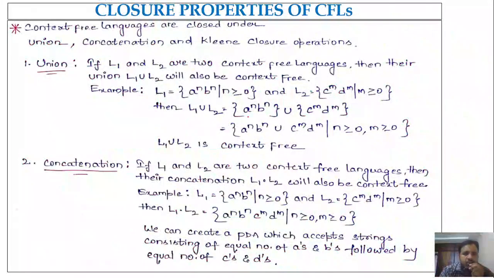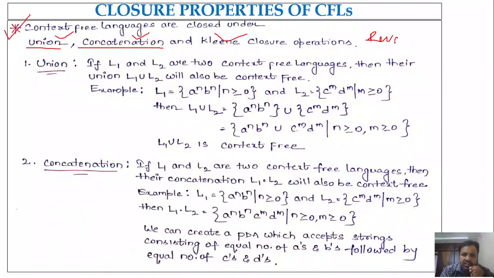Next, closure properties of context-free languages. Just like we discussed the closure properties of regular languages, here we are discussing the same. We can say that context-free languages are closed under these operations: union, concatenation, Kleene closure, and reversal also.